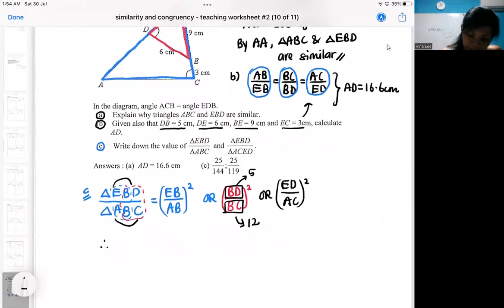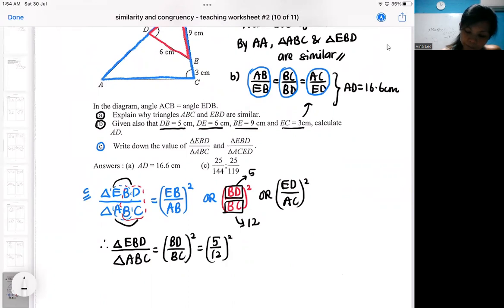So I'm going to apply that ratio. The ratio will be this over this, which ends up to be 5 over 12, squared. So that's how I end up with 25 over 144.